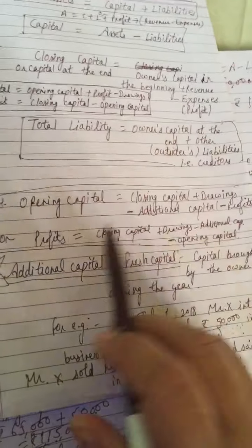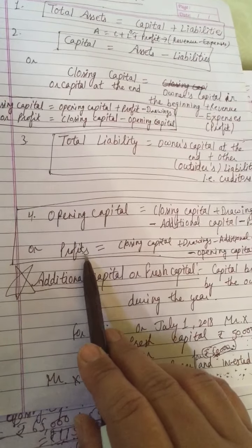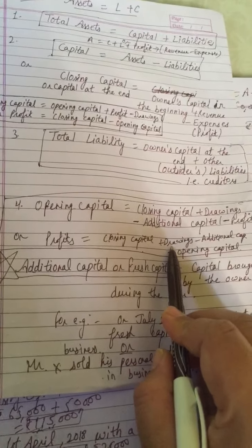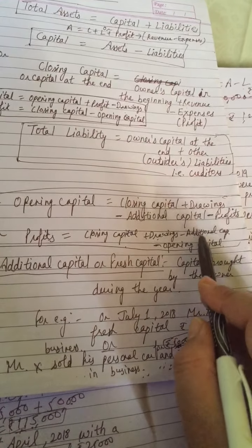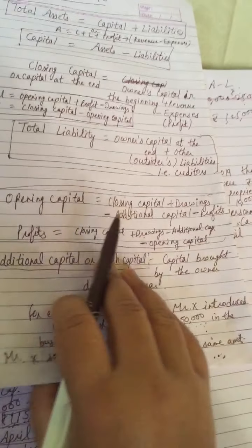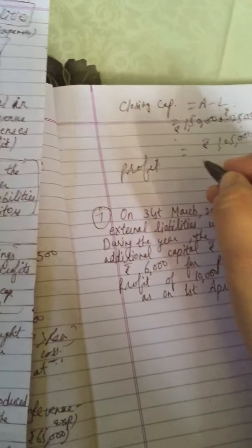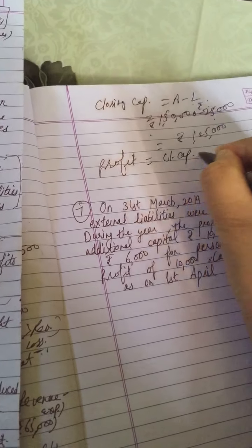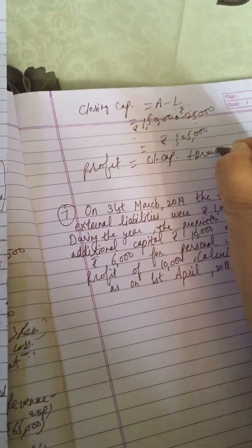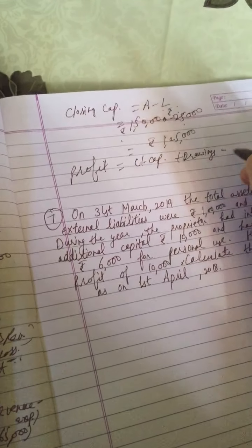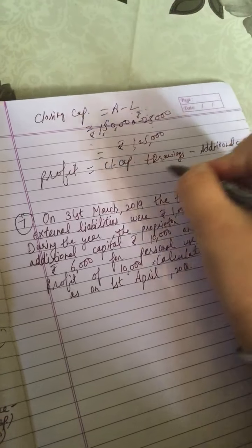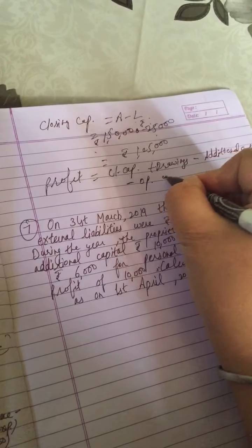but we have also been given some other additional information, so we use this formula to calculate profit, that is closing capital plus drawings minus additional capital minus opening capital.